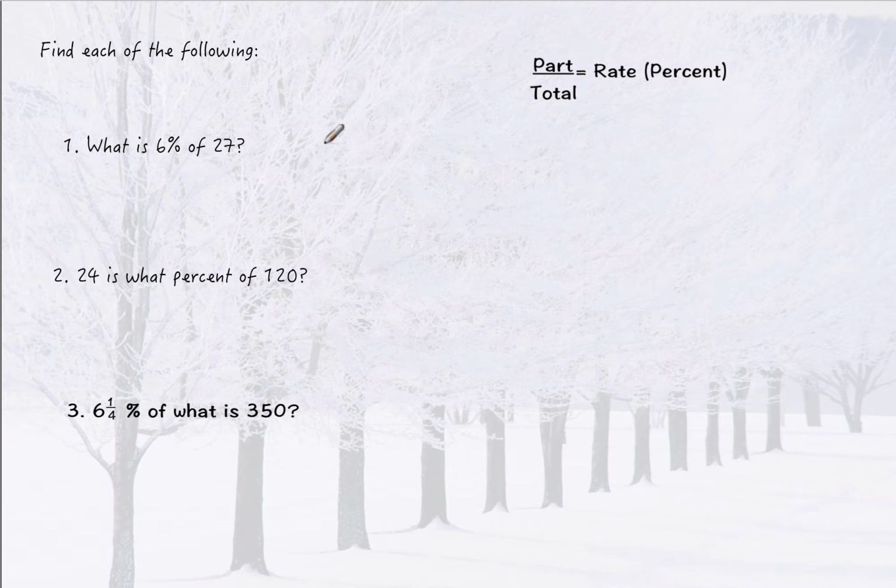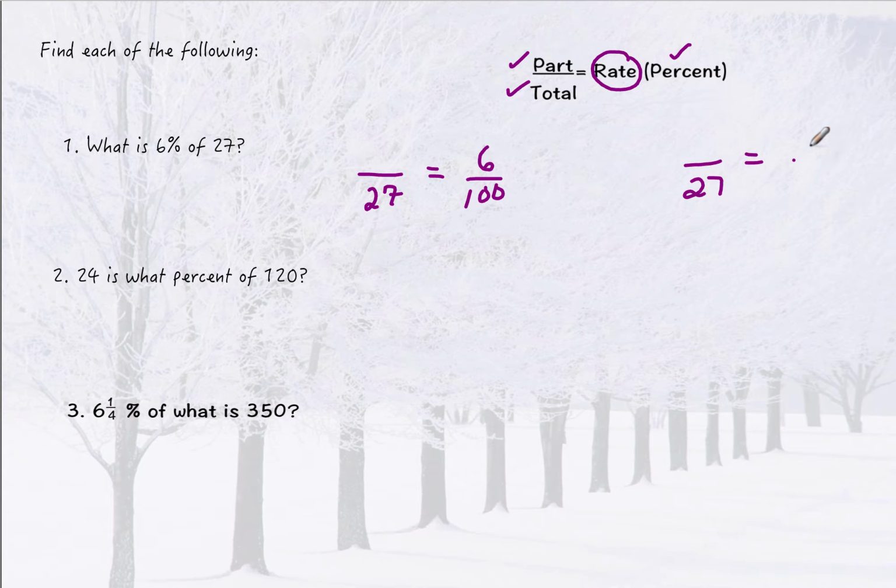You look at this and you say, okay, I need a part and I need a total. Well, my total is 27. My rate is also my percent. And this is where you may choose to do 6 over 100, or you can do 0.06, which is the same as 6 over 100, just in decimal form. And I don't know what the part is.